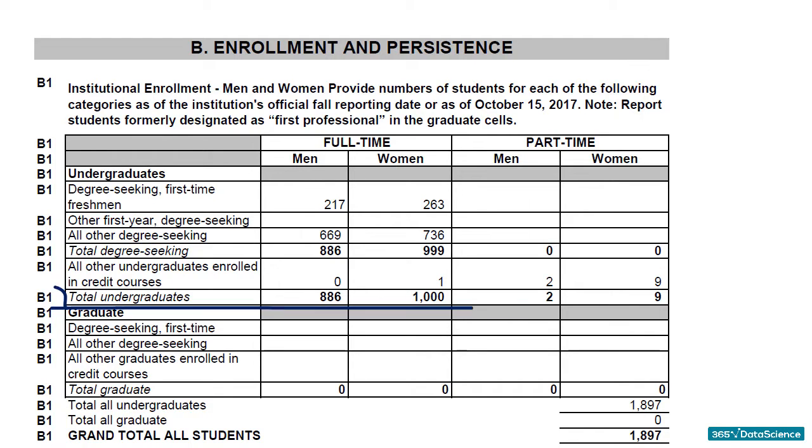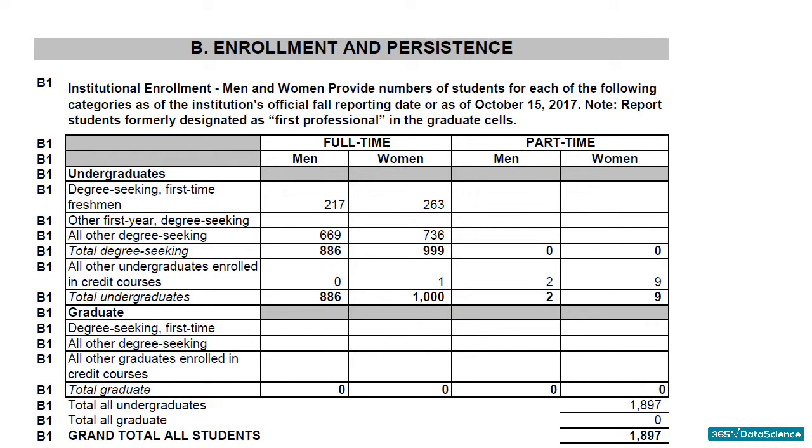Let's observe the total undergraduates row. It includes all degree-seeking and all other students enrolled in credit courses. This means that the value 1,000 we observe in the 6th row of the second column is the union of all full-time undergraduate women in the college. Since there are no graduate students, 1,000 is actually the union of all the full-time women in the entire college.